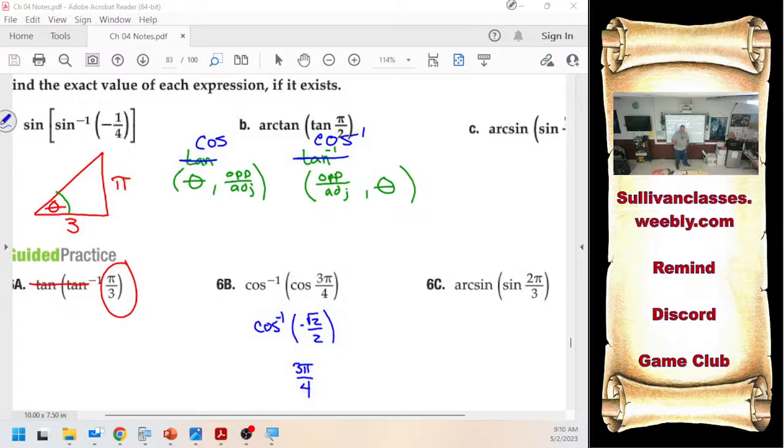The sine of 2 pi over 3, I go to regular 2 pi over 3, because sine is not restricted, and I get a sine value of root of 3 over 2. Now when I go do the arc sine of that, I got to be careful that now arc sine is restricted. So I'm only allowed to look in quadrants 1 and 4 for my answer.